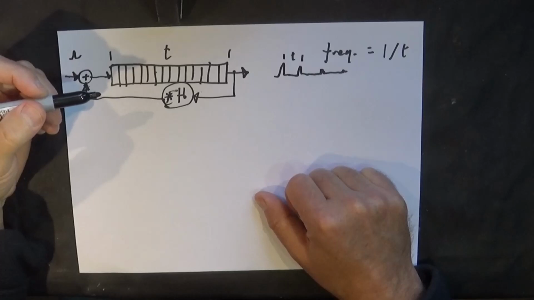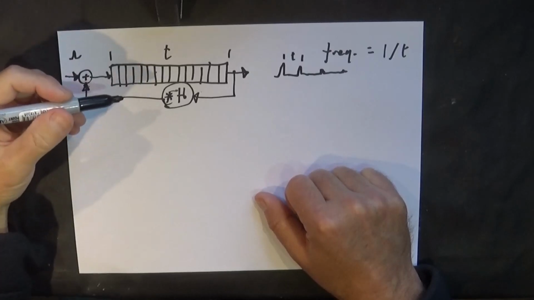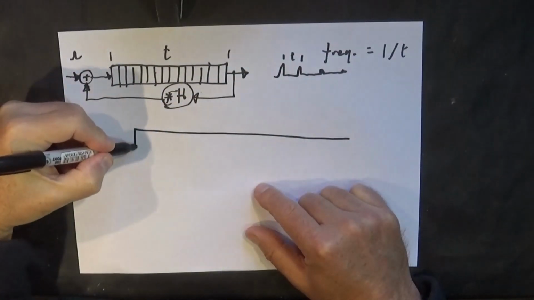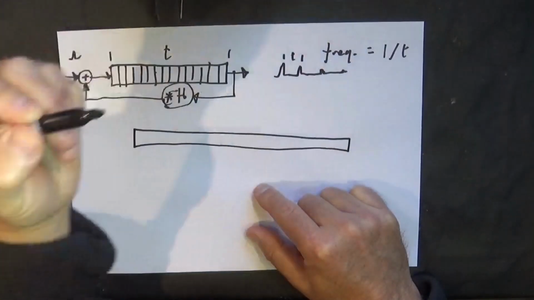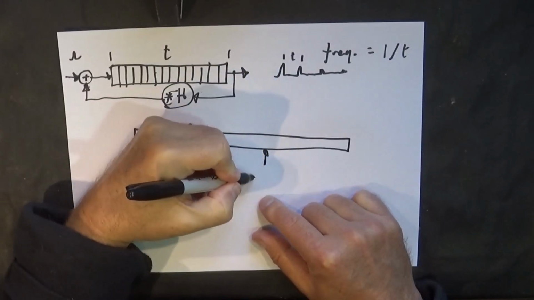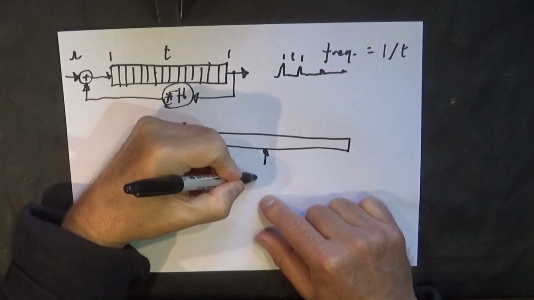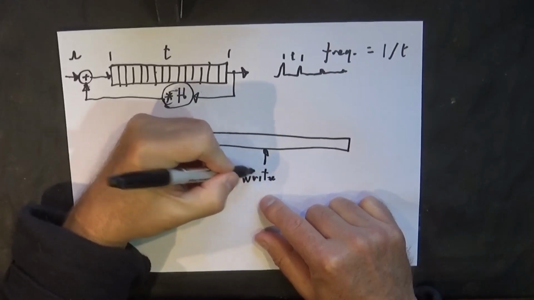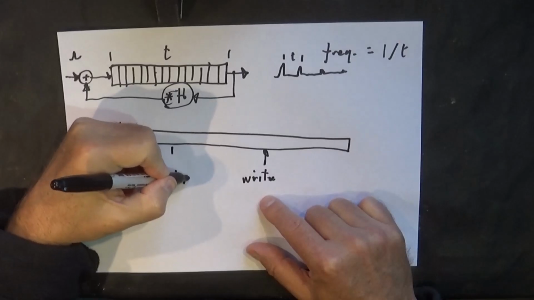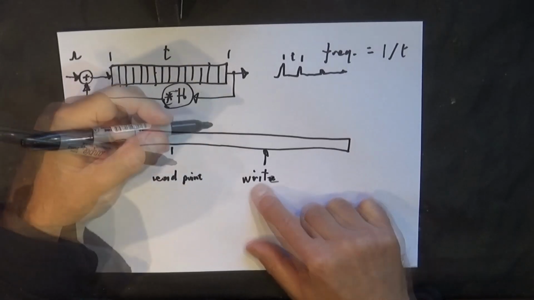Okay, so just a word on implementing our delay line. What we in fact have is a long delay line, and within that we have a write point and a read point.